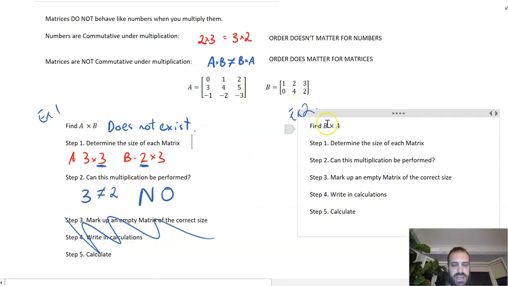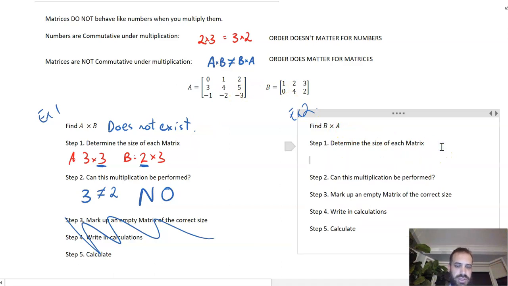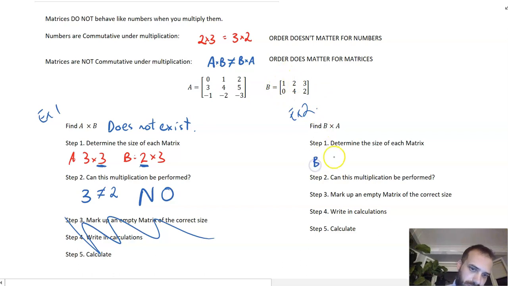Now, what about this second example? Find B times A. First I determine the size of each matrix. Because I'm going to do B first, I know that B is a 2 by 3 matrix, and I know that A is a 3 by 3 matrix.